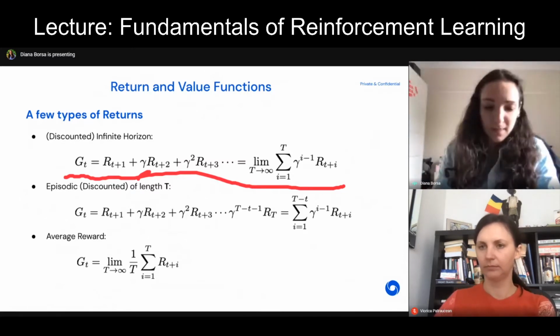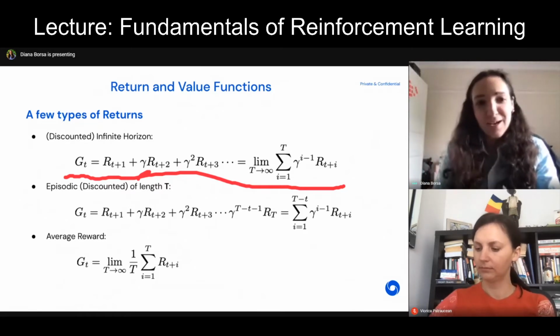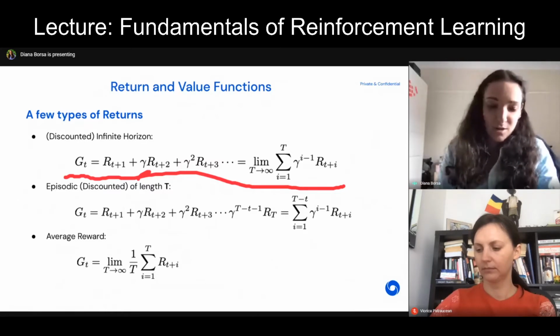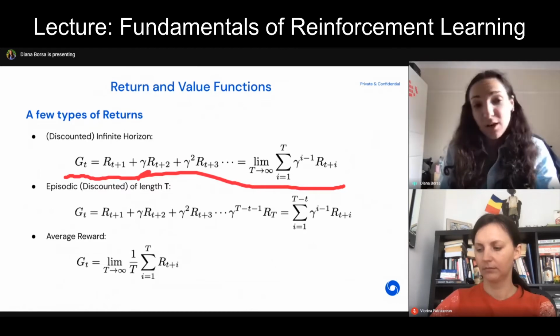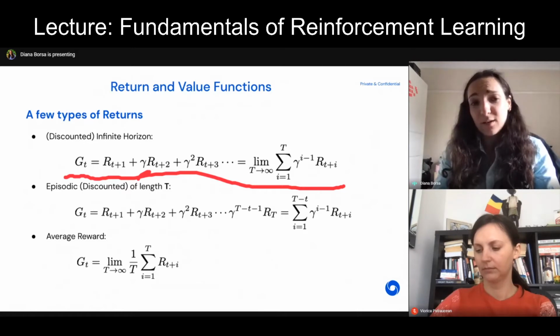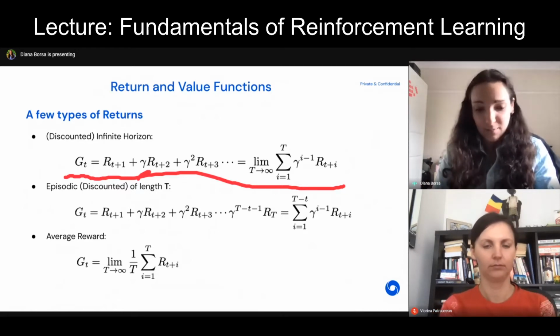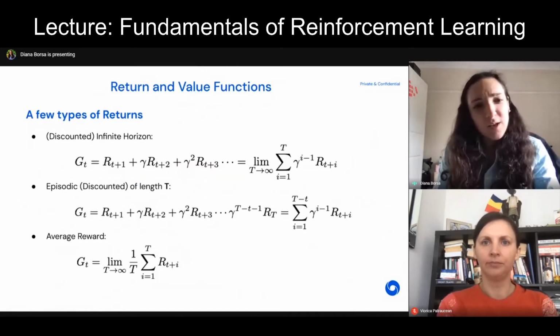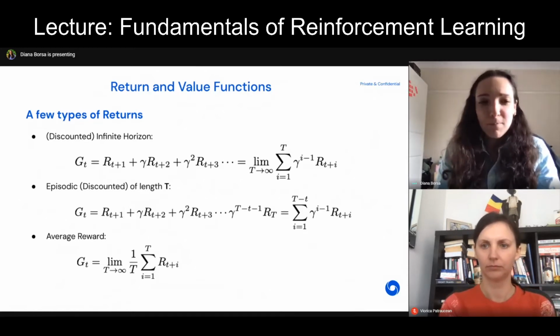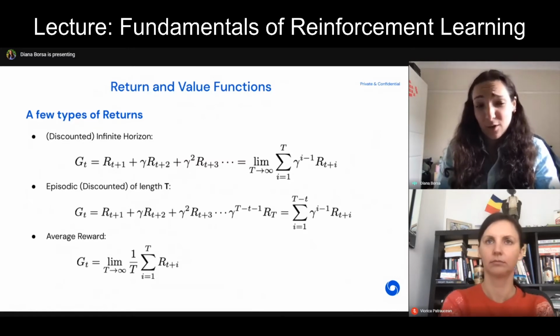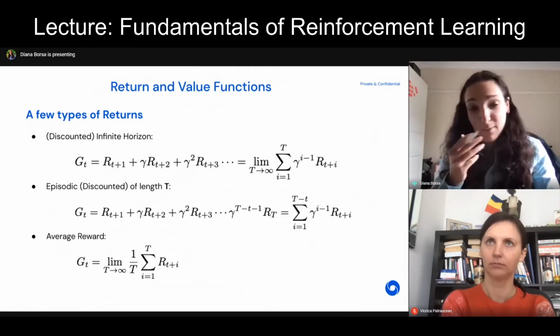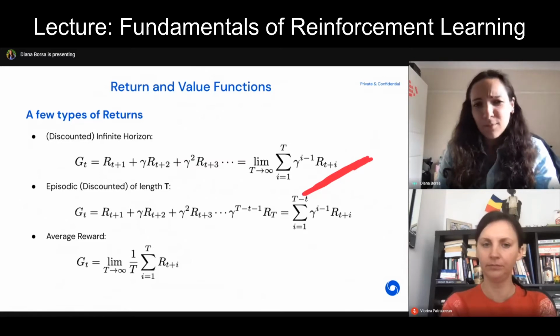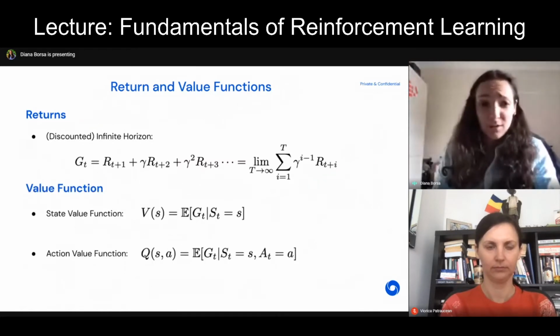But of course, if your environment is not infinite, you can do this with an episodic setting or a finite time horizon, which is the second formulation, where it is the same discounted sum, but we only take into consideration that sum up to a time T where the episode terminates or the environment times out. The last formulation that is still quite prevalent is the average reward, which is kind of making a comeback in the continual and lifelong learning scenarios. But for most of the papers and RL problems out there, both the theory and the algorithms are derived in the discounted infinite horizon framework, so we're going to focus on that for the purpose of this talk.